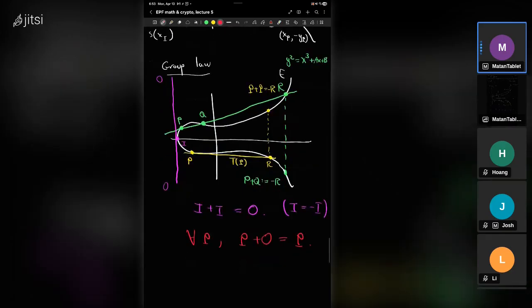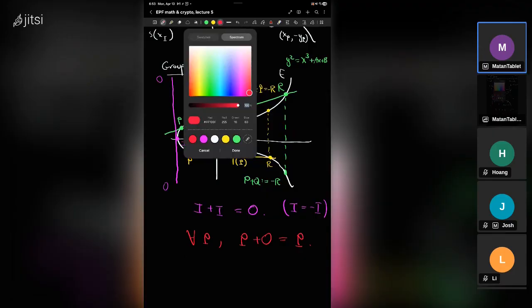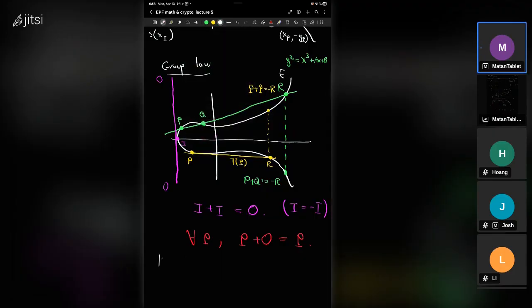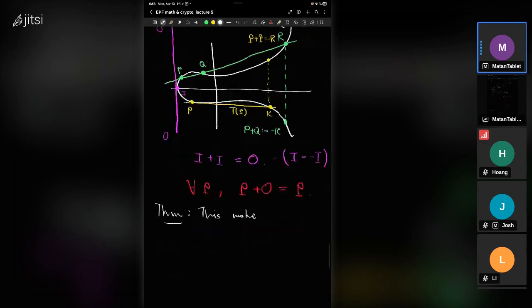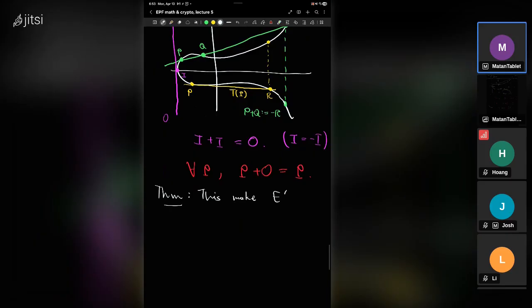And the main theorem, this is not an easy thing to prove, but this makes the rational points E of F into an abelian group, with O as a neutral element.